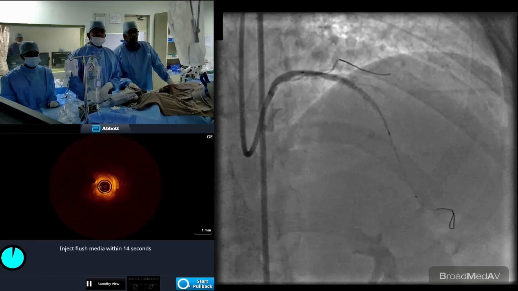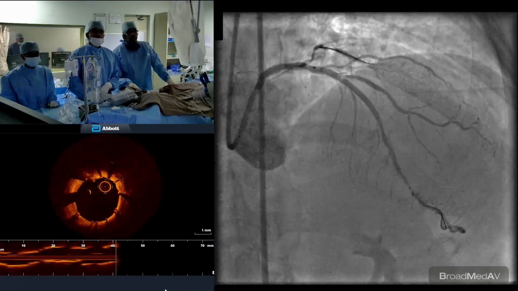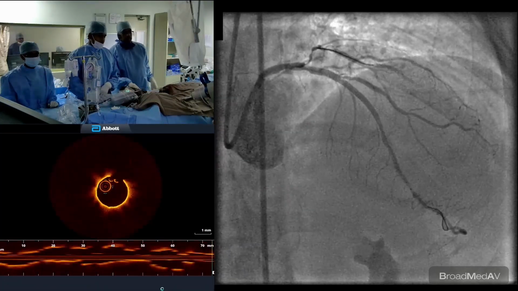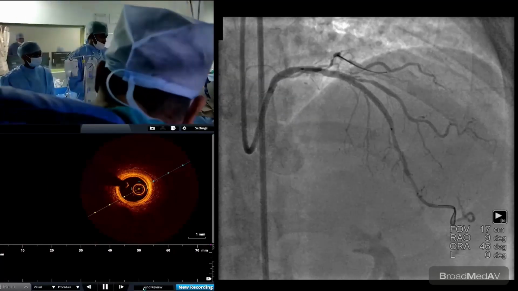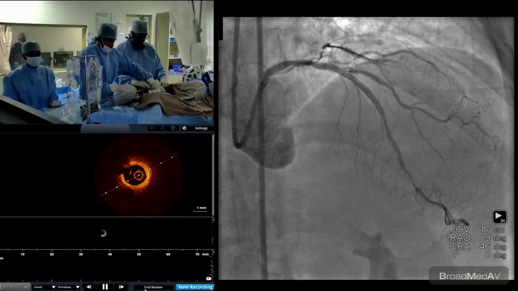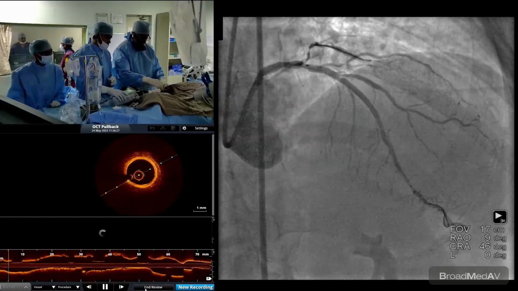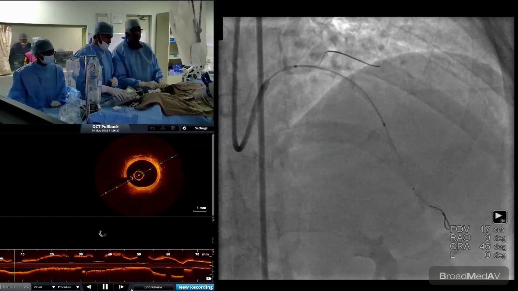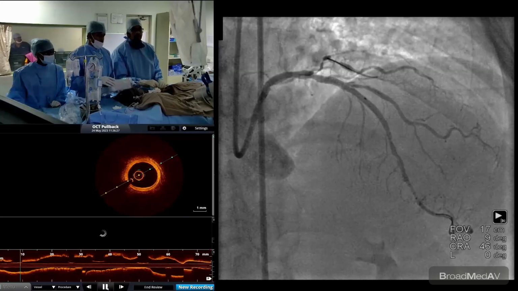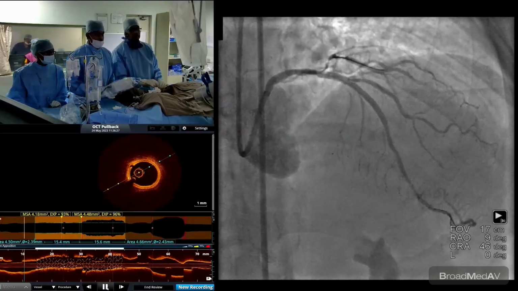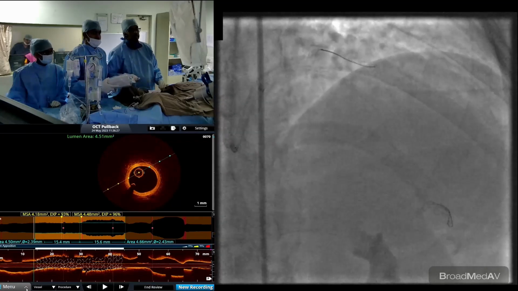Inject. Stop cine. Okay, Nanda, I think we got some good pictures.